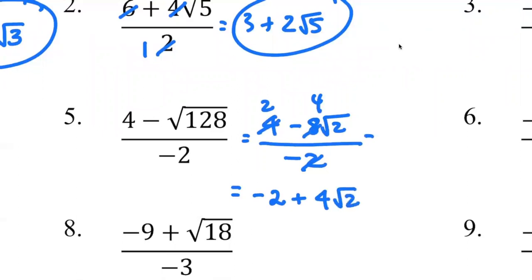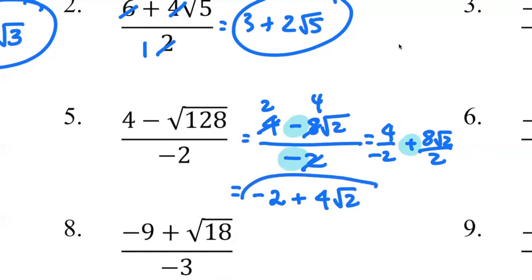Now I think I could go ahead and write it this way, just to make sure that everybody can see what is going on. Especially right here, this is a plus because negative over negative is positive. So make sure that you can handle this properly.